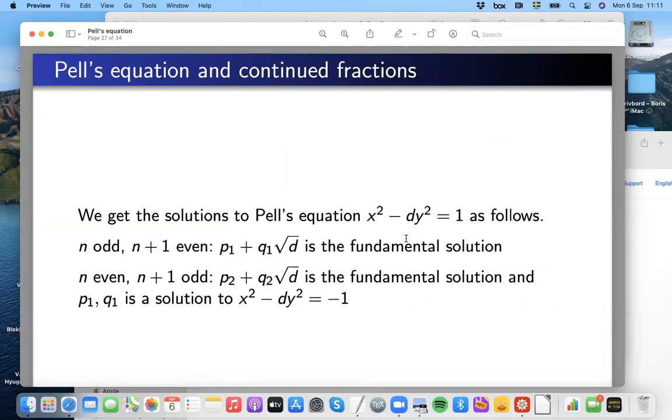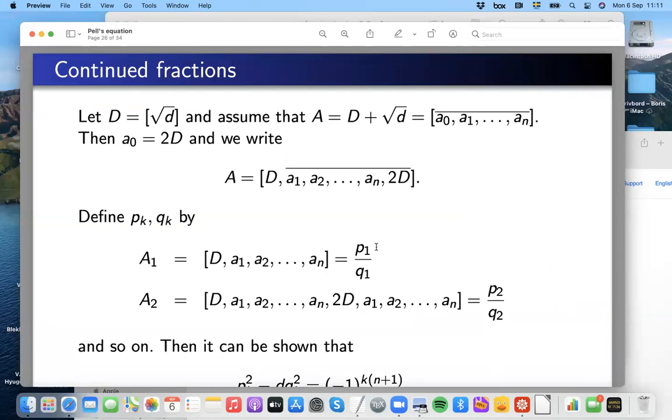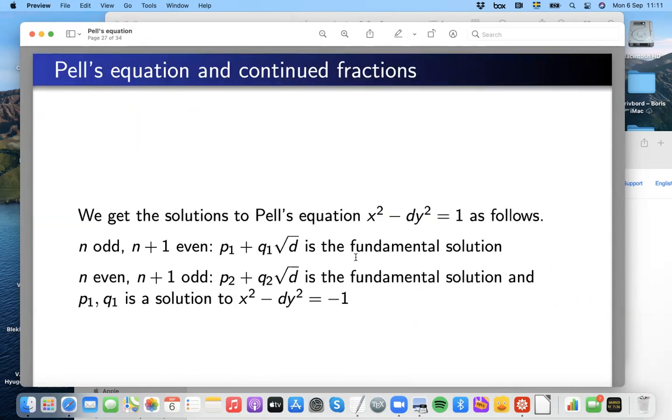The first pair, P1 and Q1, which we defined here, would give us the fundamental solution if n, the length of the period, is odd, and if n is even, then the second pair, P2, Q2, would be the fundamental solution.